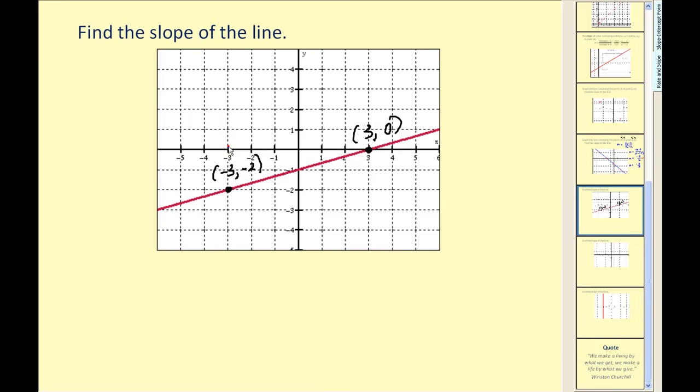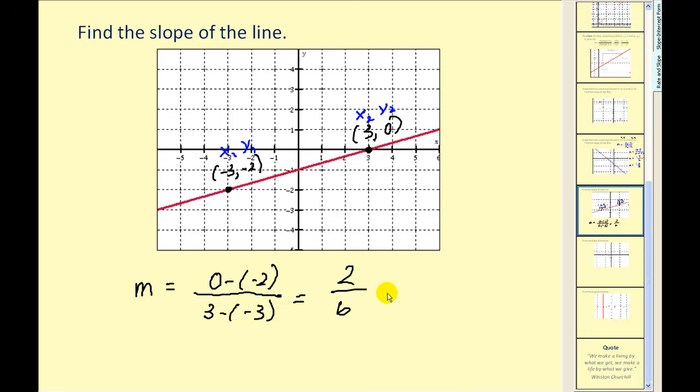So let's call these the 1's, x1, y1, x2, y2, and let's calculate our slope once again. So our numerator is going to be y2 minus y1, or 0 minus -2, and our denominator will be 3 minus -3. Looks like we have 2 over 6, which is equal to 1/3.